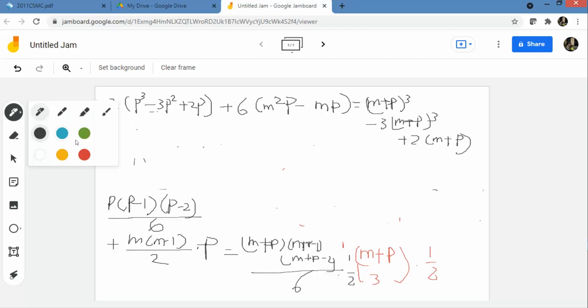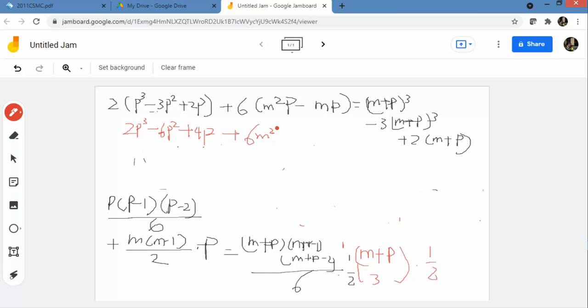Now we go next. Part 1. So let's go here. 2p triple minus 6p squared plus 4p, right, plus 6mp minus 6mp. Now suppose you go to this square, open.